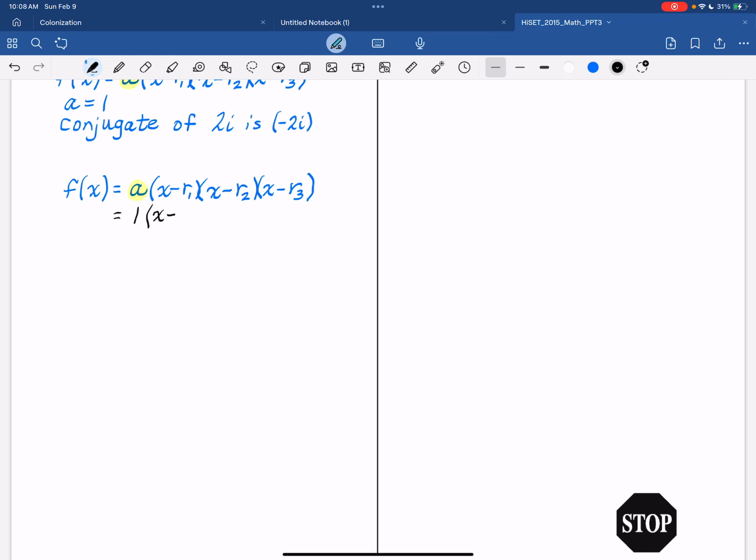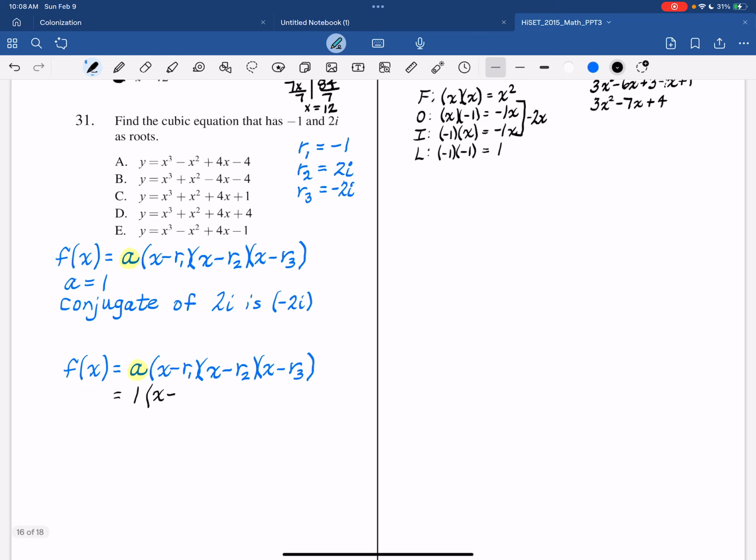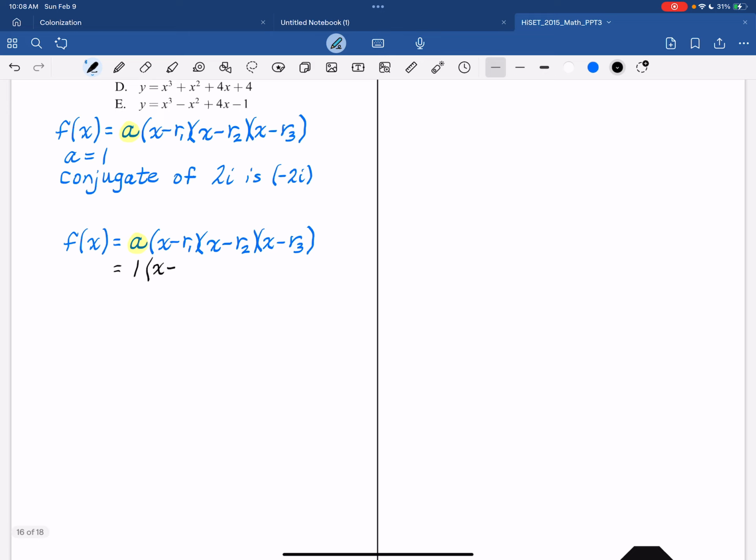Okay, for my root 1, I used the negative 1. For my root 2, I used 2i. And for my root 3, I'm using the conjugate of 2i, and that's negative 2i.